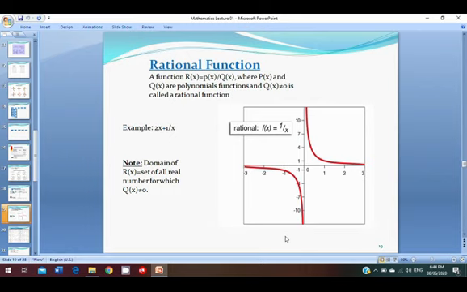So that's why we avoid those numbers in a rational function which give you 0 in the denominator. So you can note the domain of a rational function is the set of all real numbers for which q of x does not equal 0.